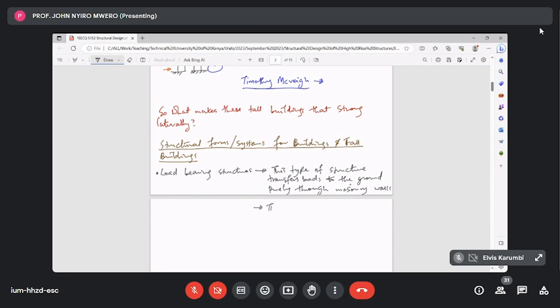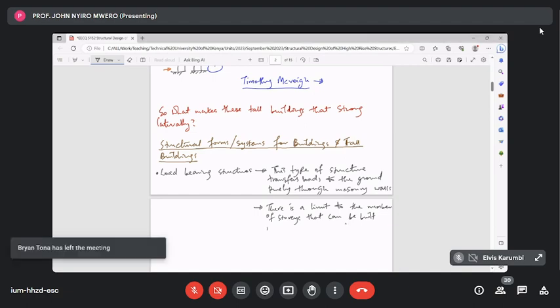It's important to note that there is a limit to the number of stories that can be built using this type of structure.